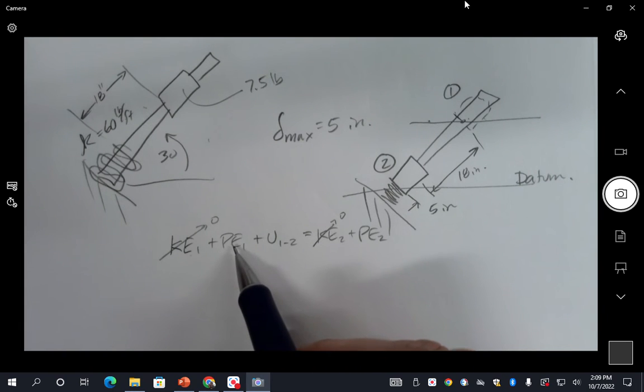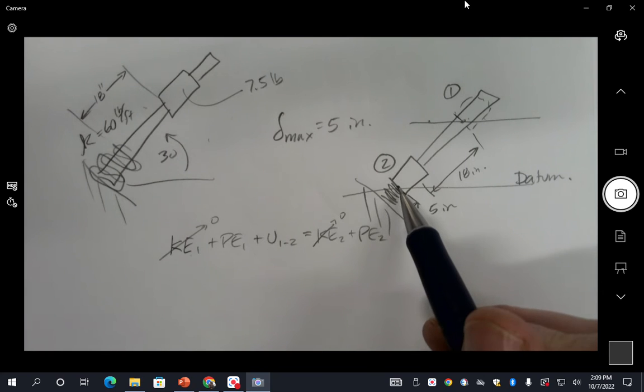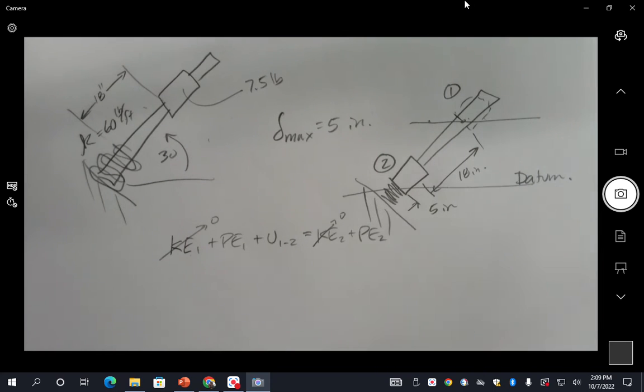The potential energy at 1 is going to be gravitational. But then at state 2, we consider that the datum, but it still has potential energy, right? Because the spring has spring potential energy.